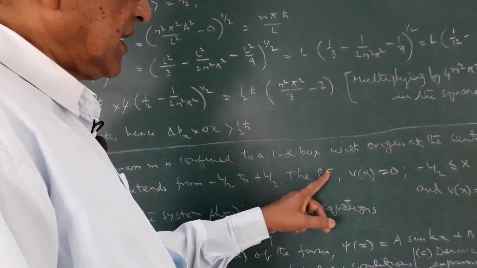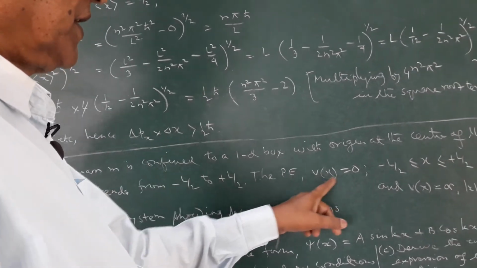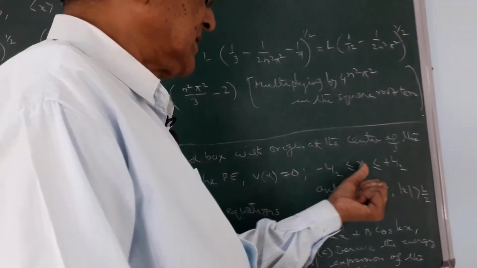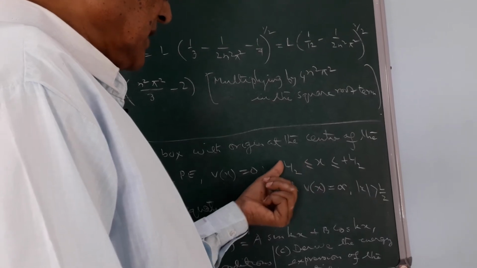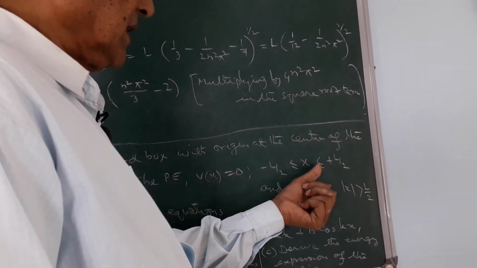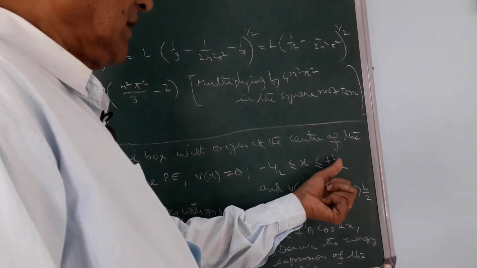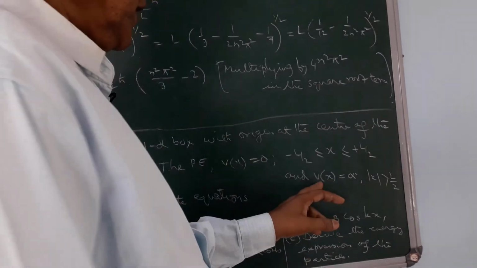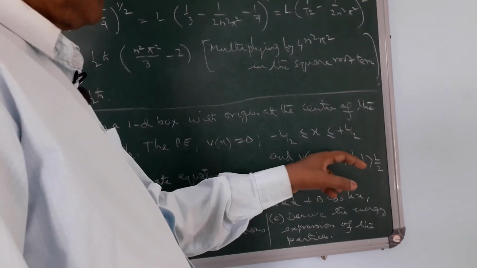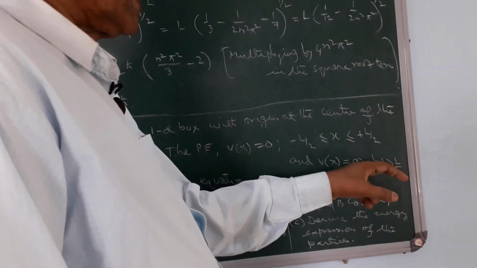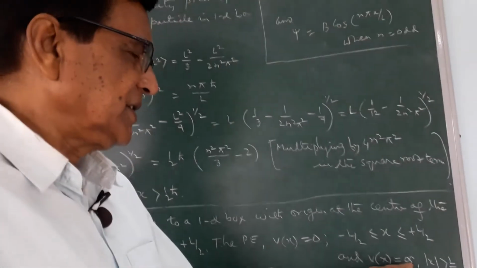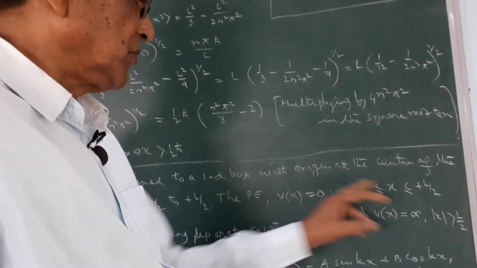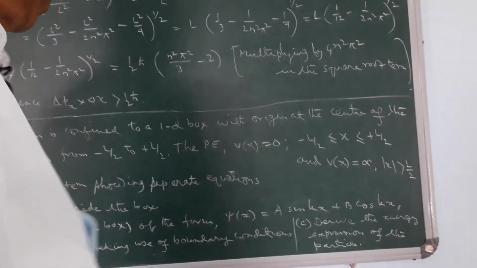The potential energy of this box V(x) equal to 0 when x is greater than or equal to minus L by 2 and less than or equal to plus L by 2, and V(x) is equal to infinity whenever modulus of x is greater than L by 2, that is outside of this box. Inside of this box potential energy is 0.